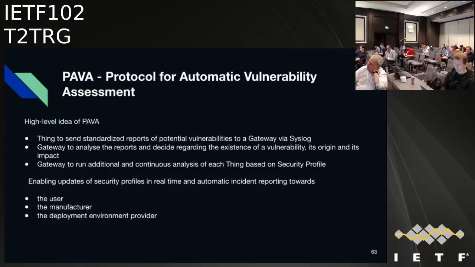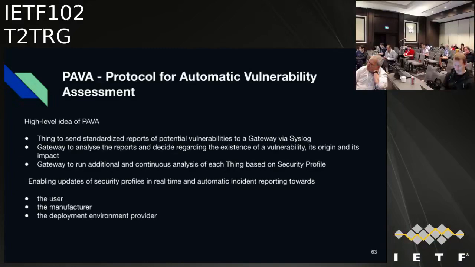The gateway can analyze also the reports and decide regarding the existence of a vulnerability. The gateway could also perform active analysis of vulnerabilities on the devices, could also analyze the network traffic in a much more active way, right? And everything obviously takes into account the specific security profile or whether anything has changed.